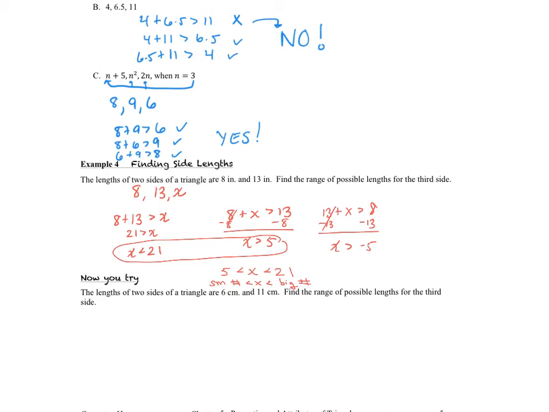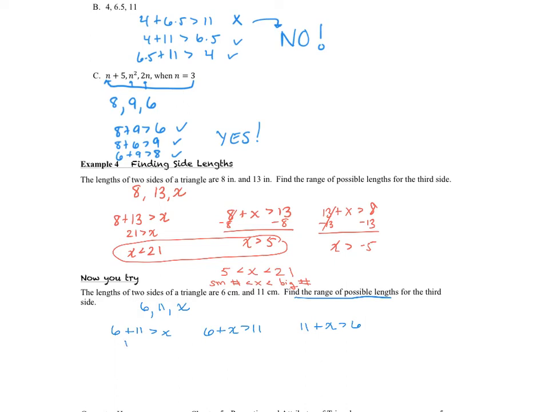So for the now you try, it's the same idea. If we have 6, 11, and x, we're going to find the range of possible lengths for the third side. So we're going to write out all of our inequalities. 6 plus 11 is greater than x. 6 plus x is greater than 11. And 11 plus x is greater than 6.